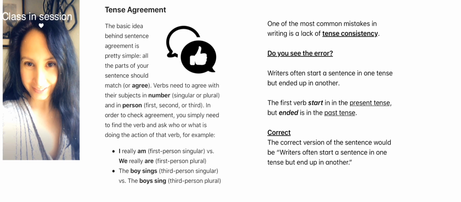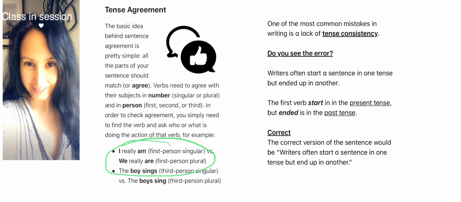In order to check agreement, you simply need to find the verb and ask who or what is doing the action of that verb. For example, I really am, which is the first person singular, versus we really are, which is the first person plural.